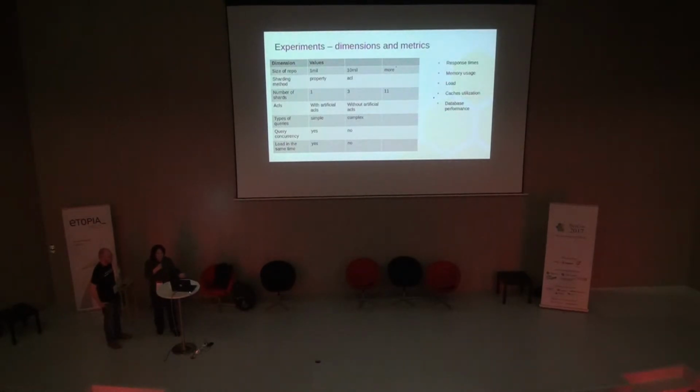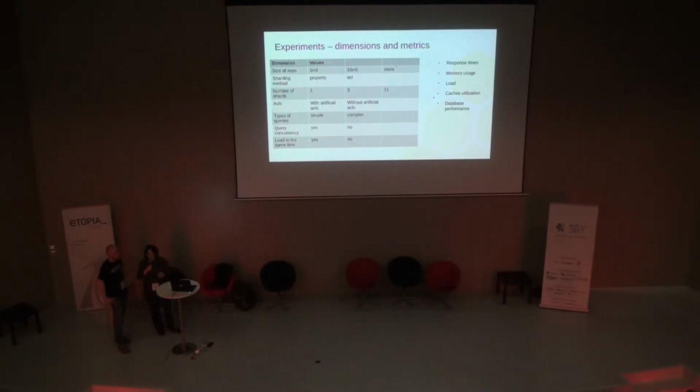Of course, we didn't know how it was going to behave, so we defined the dimensions to work on, like the size of the repository and number of shards. We introduced artificial ACLs to have a better distribution of documents into shards in the ACL sharding method.